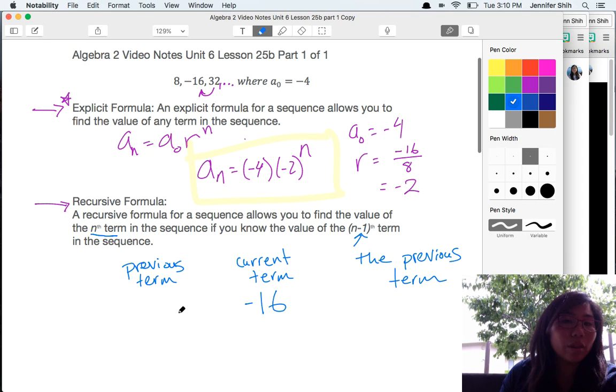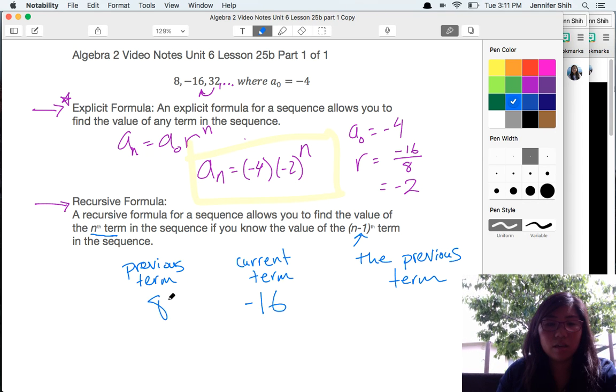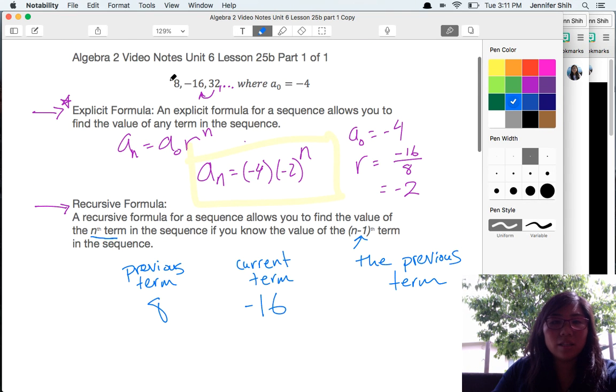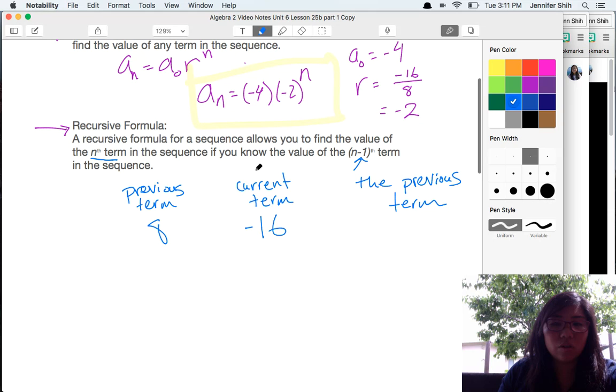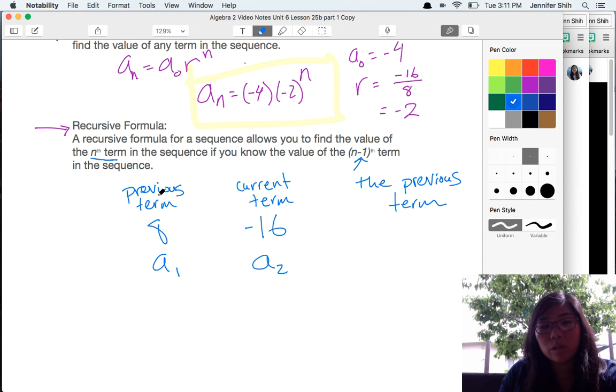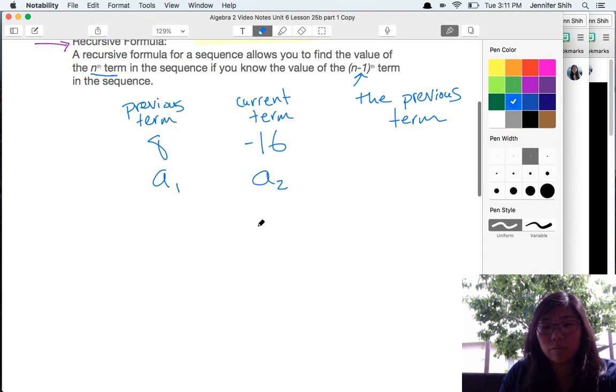The one before that is 8. And this is a sub 1, a sub 2. Notice how the current term is always 1 more than the previous term, and the previous term is always 1 less than the current term.